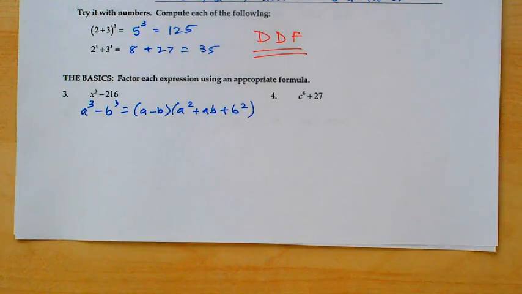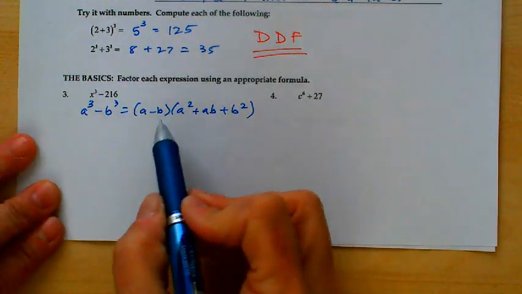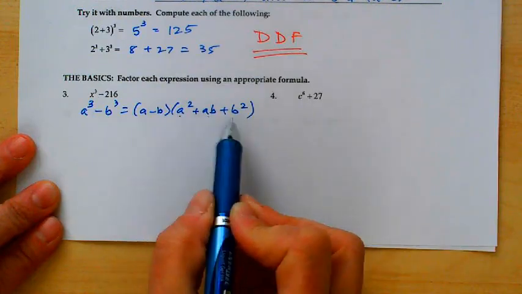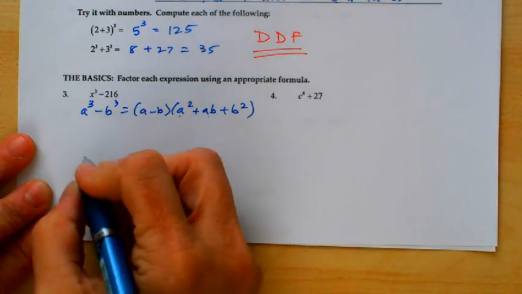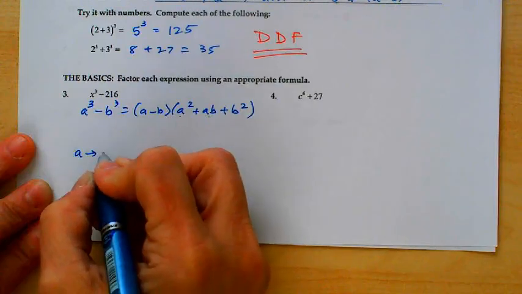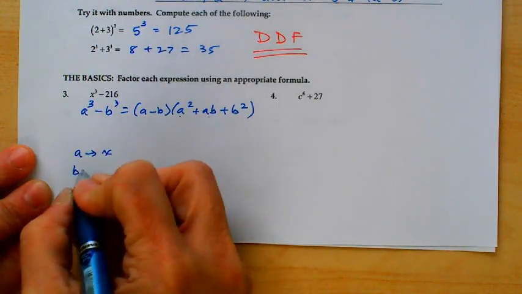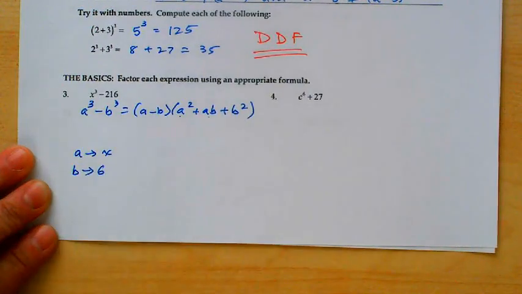We've just got to ascertain the values of a, b, the square, the single product, and the square. Well, a and b are pretty self-explanatory. A is what you cube to get the first term. B is what you cube to get the second term. Great.